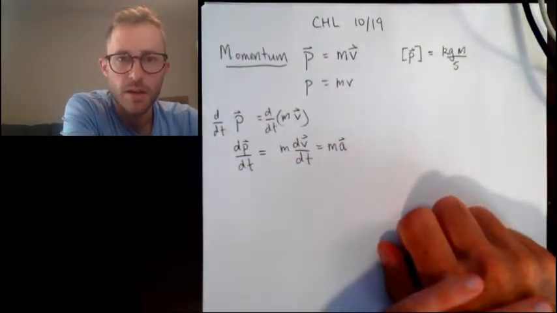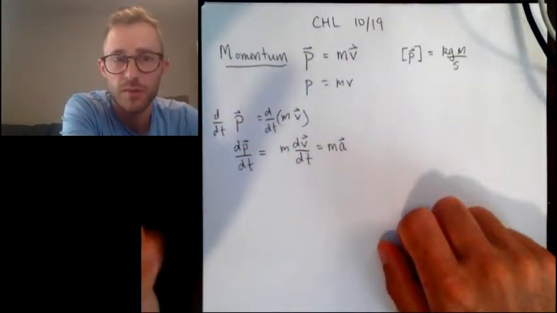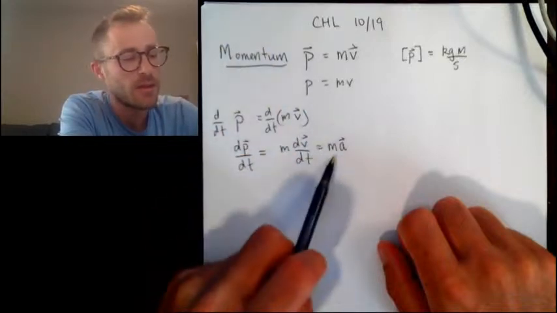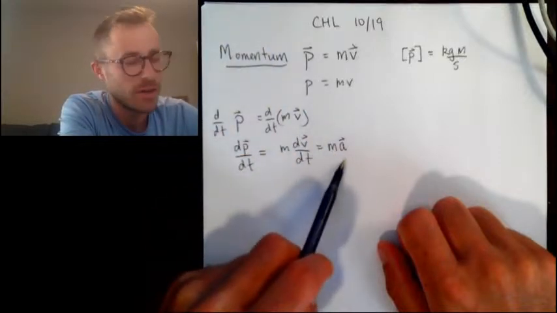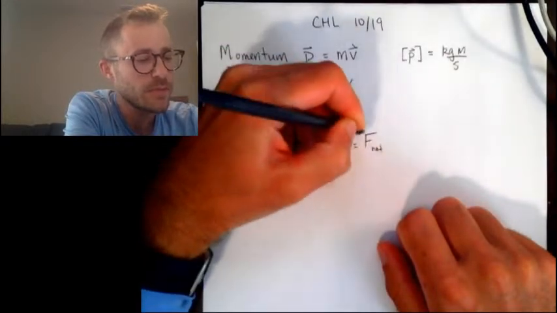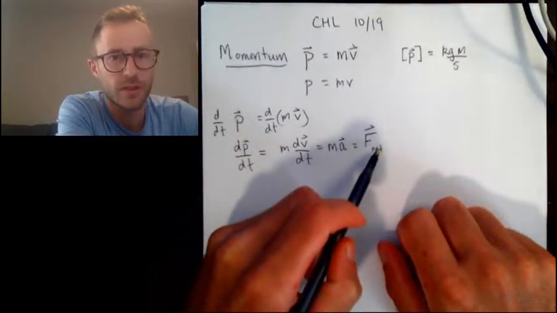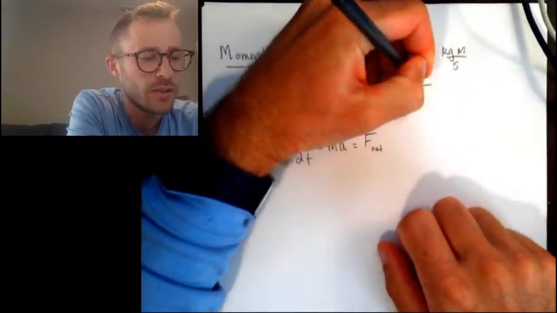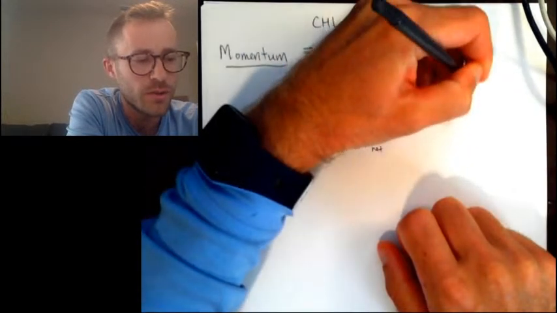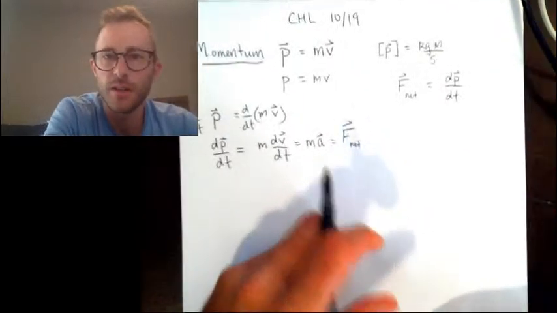Okay. And if we think about Newton's second law, which says that net force equals mass times acceleration, then that means that m times a is equal to net force. So setting the first thing equal to the last thing tells us that the net force is equal to the derivative of the particle's momentum.